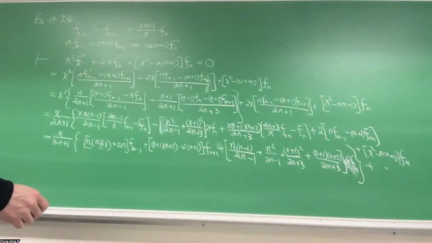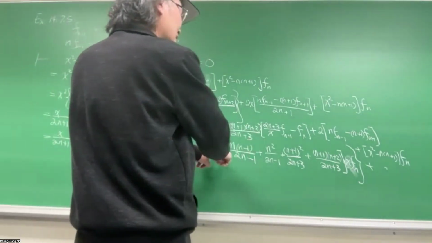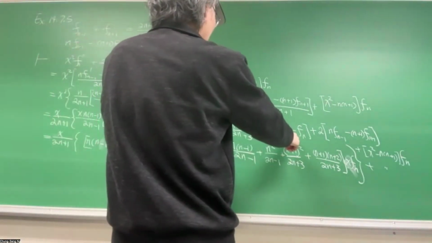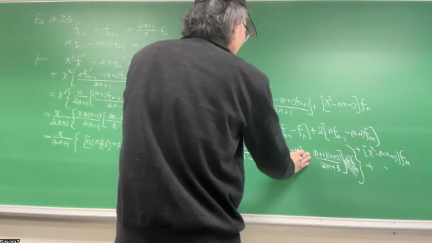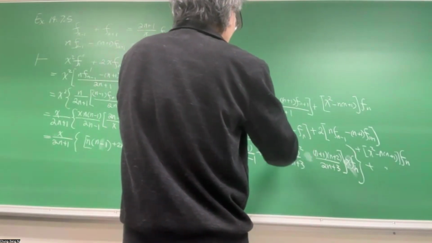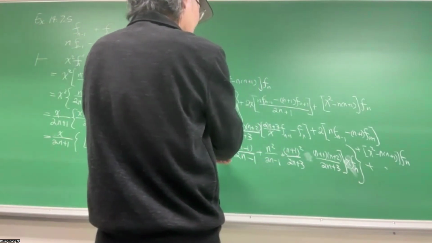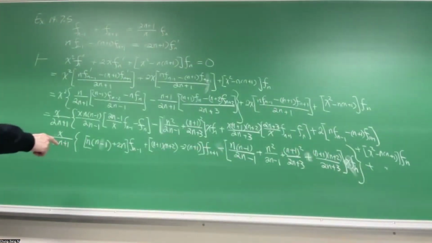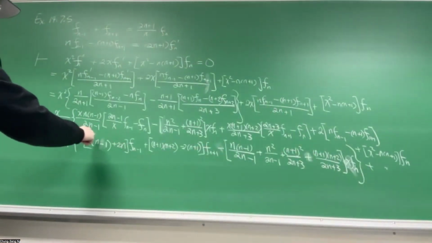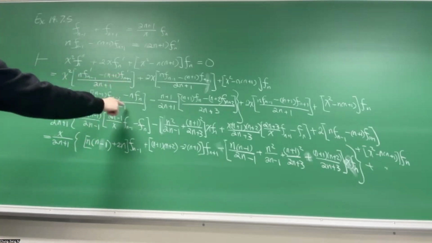Did I get all the signs right? Well, you have a minus sign out. Last one is a plus. This one is a minus. Oh, this one is n plus 1. There's a minus coming out. Yeah, there's a minus coming out. That's why I'm asking. This doesn't seem like it cancels, right? Hopefully it cancels, but I don't know. Carry out all the signs. Are the signs all correct?